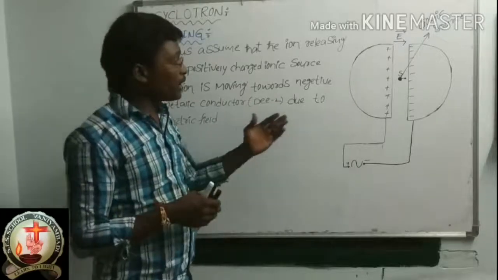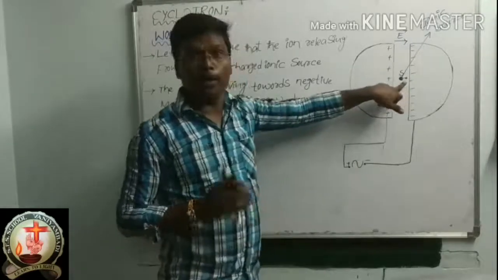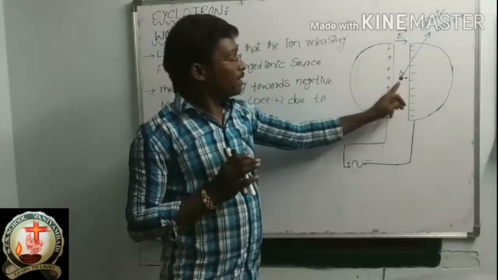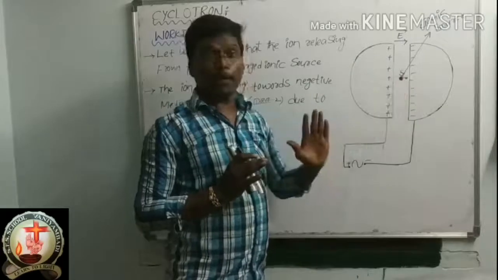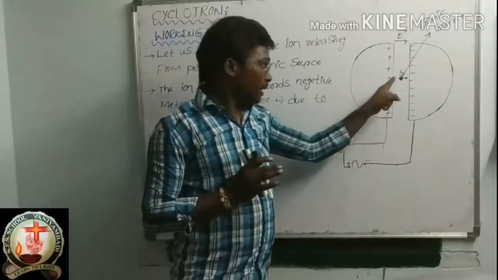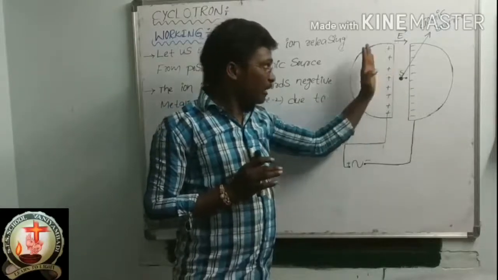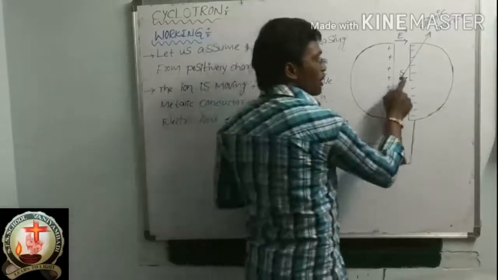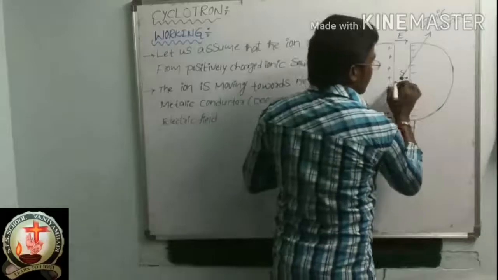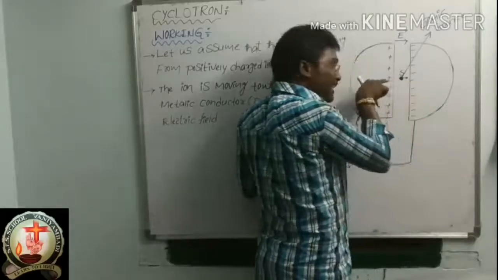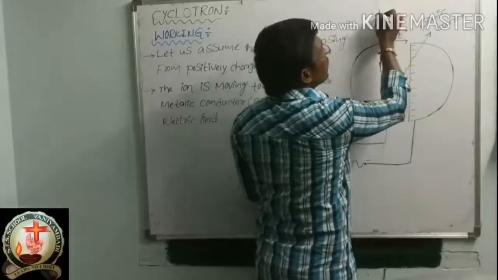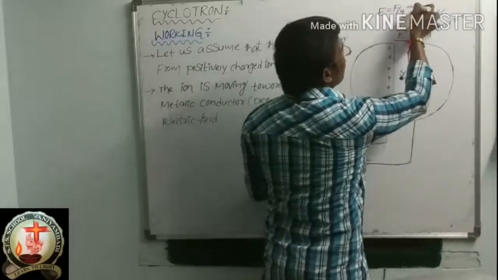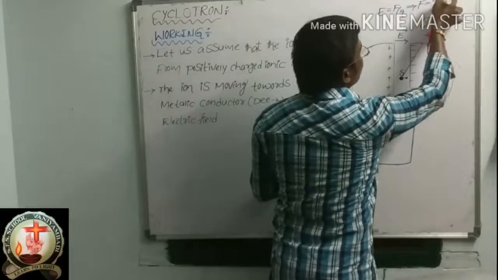So what will happen after releasing this ion? Already in this gap, an electric field is flowing from the positive terminal to the negative terminal. Electric field means E is equal to F by Q, and F is equal to QE, correct?